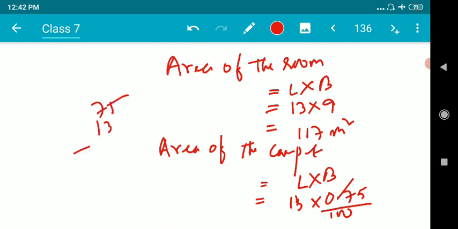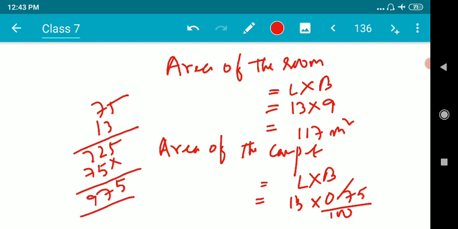How much does it come? 3 5s are 15, 5, 1 will be carried, 2 7s are 14... let's add: 975, divided by 100 comes 97.5 meters square. This is the total area of the carpet.